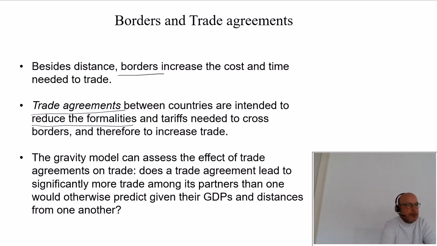And of course, within the European Union, you do not find any tariffs anymore. If you have no direct effect of the countries on the prices via tariffs, then this should also increase the trade volume.